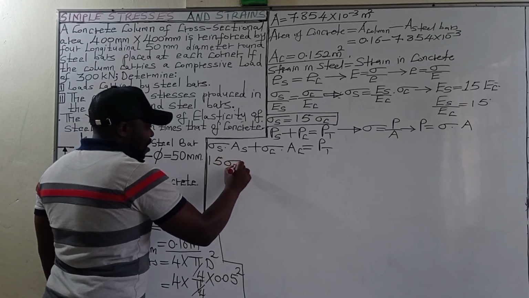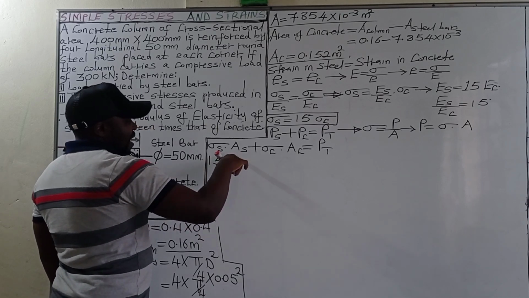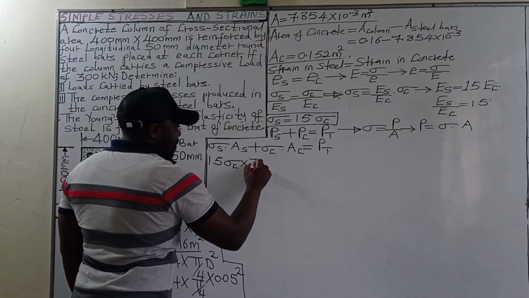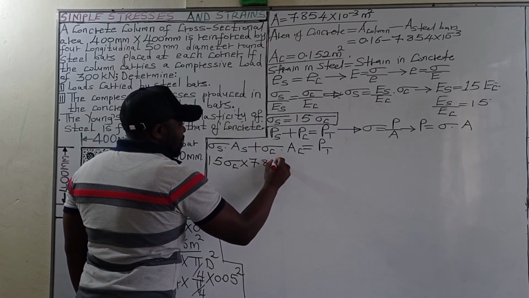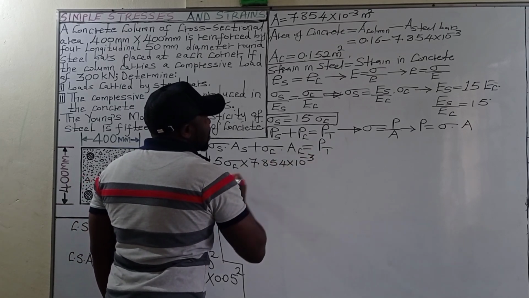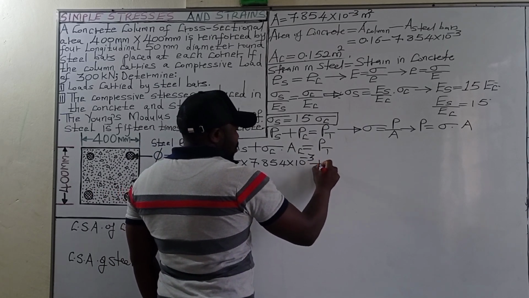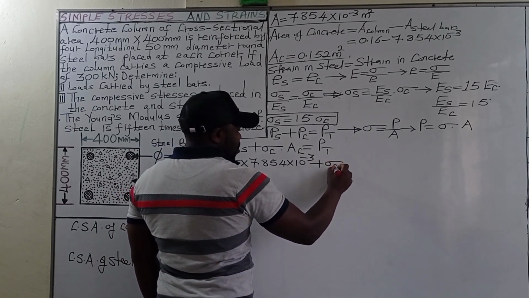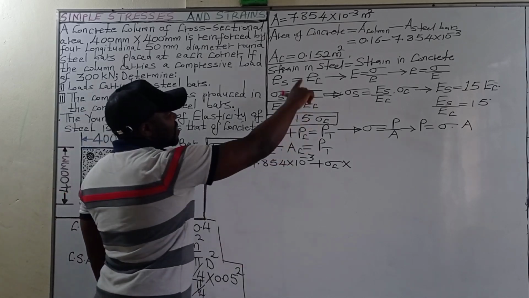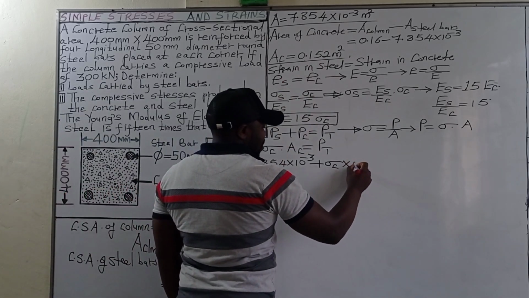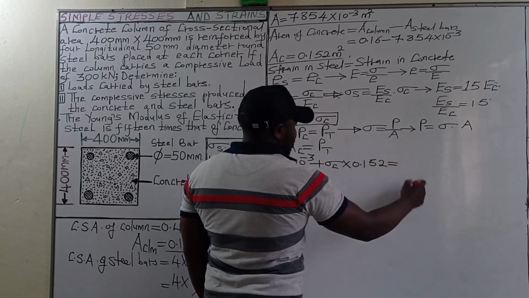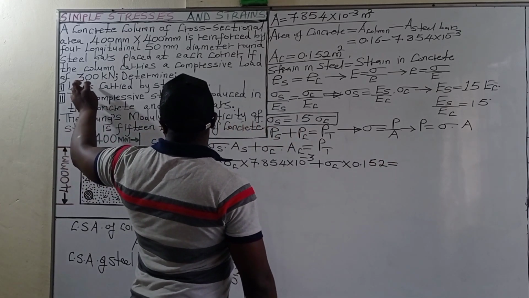15 times the stress in concrete times the area of the steel bars, which is up here, that is 7.854 times 10 raised to the power of -3. We add to this the stress in concrete multiplied by the cross-sectional area of concrete, which is 0.152, and that is equal to the total load of 300 kilonewtons.